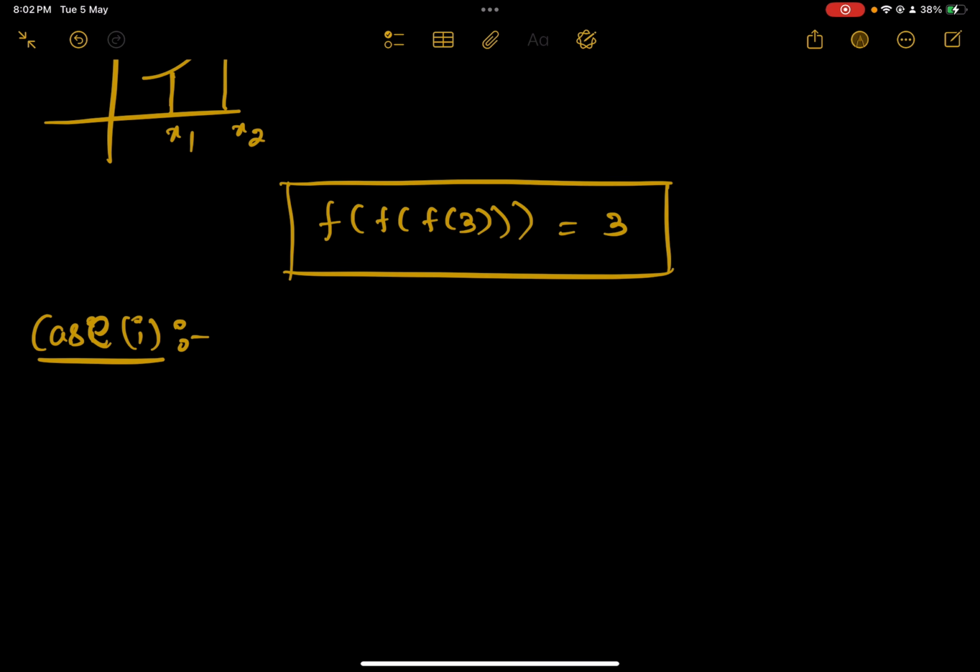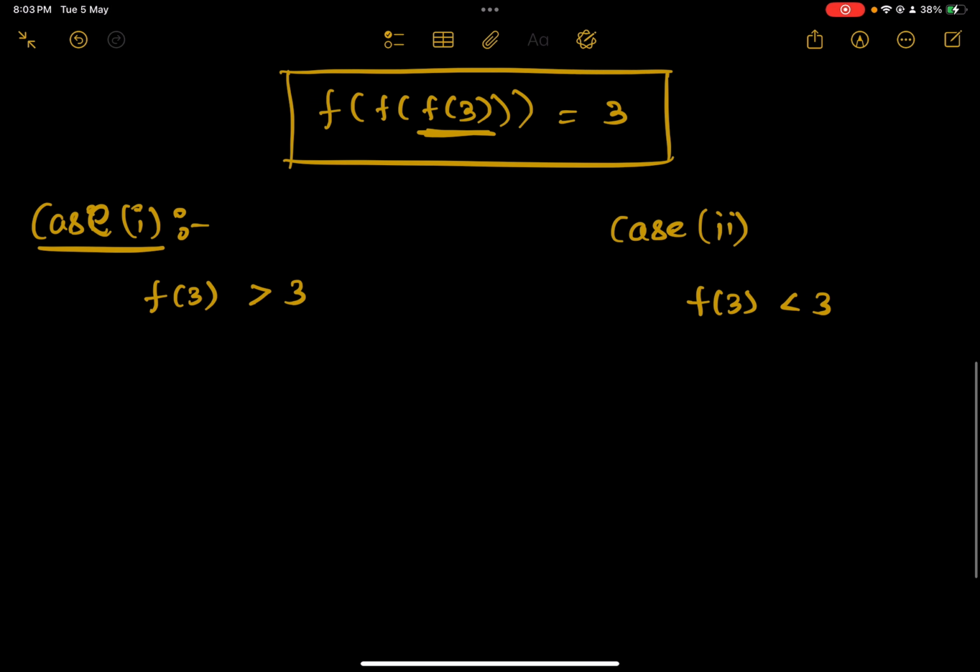Since you have f of 3 sitting here, I'll assume f of 3 is greater than 3. Let us assume this. And in case 2, I'll assume f of 3 is less than 3. So this is a valid assumption. You will understand why I am doing all these assumptions a bit later. All right. But till then, bear with me.